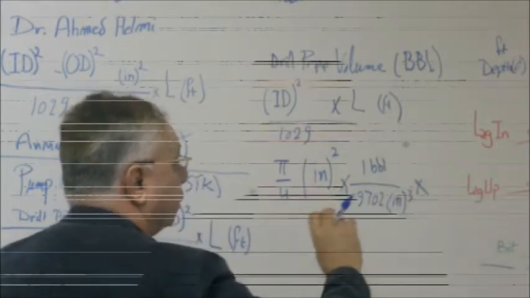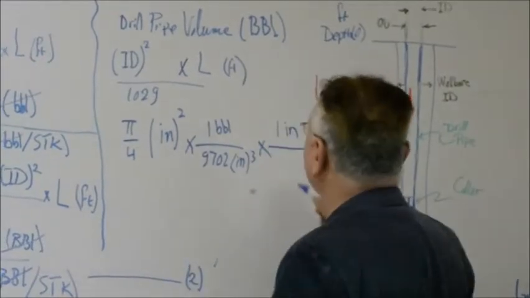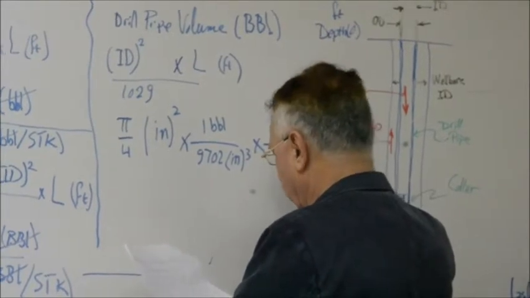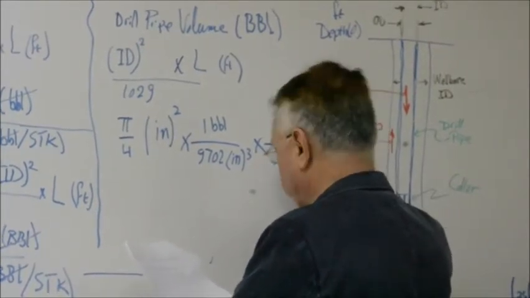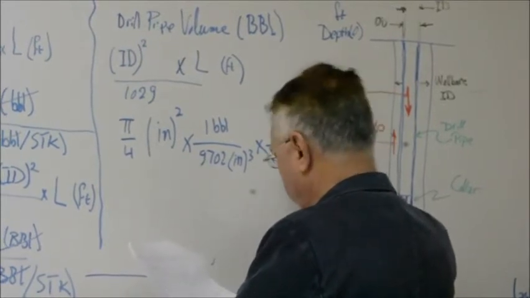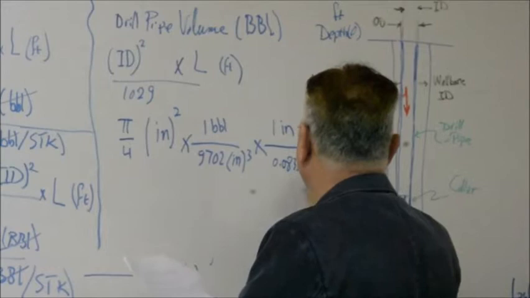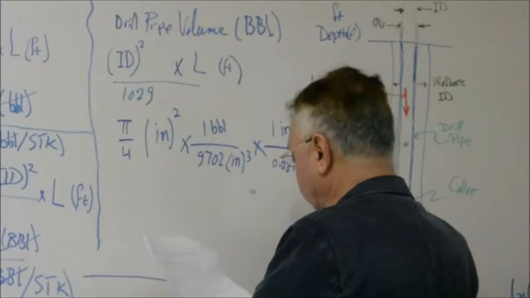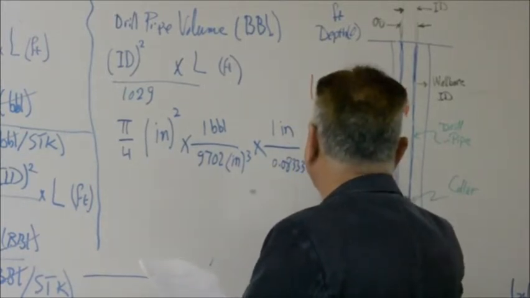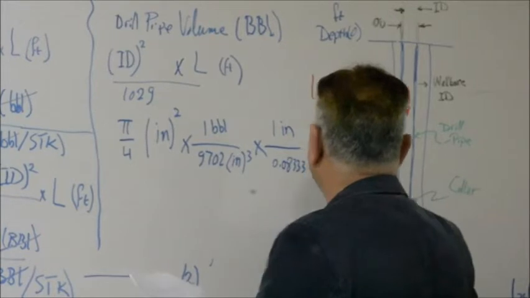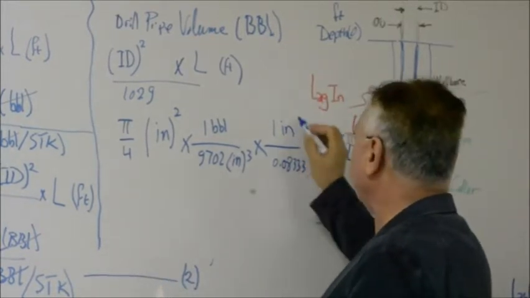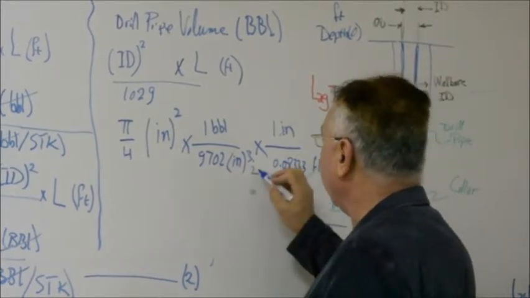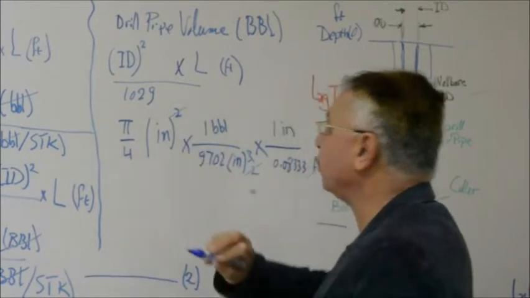Okay, no problem with this. Cubic inch. To get rid of the feet of the length, we introduce 1 inch equals 0.08333 feet, and the feet from length will cancel out. This inch will cancel out with the cube and make it square, and this square will cancel out with this square.